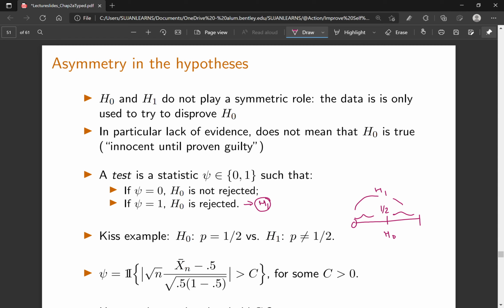Moving on to the test function psi. Now the question arises, how do we know that this psi function will produce 1? Can you tell me?